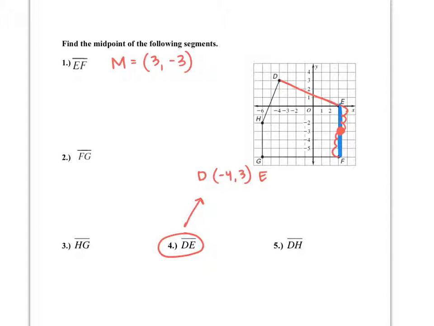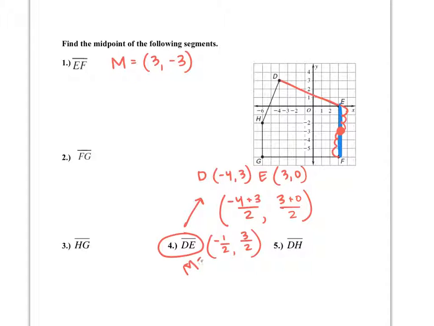And then E is at the ordered pair (3, 0). And then I can use my formula, (-4 + 3)/2, (3 + 0)/2, which is (-1/2, 3/2).